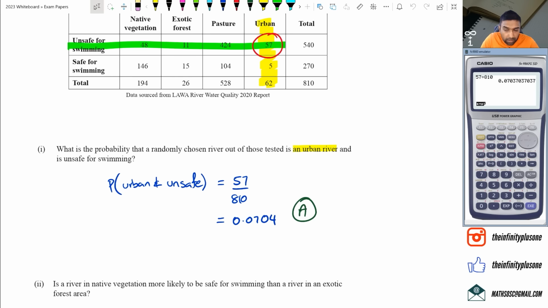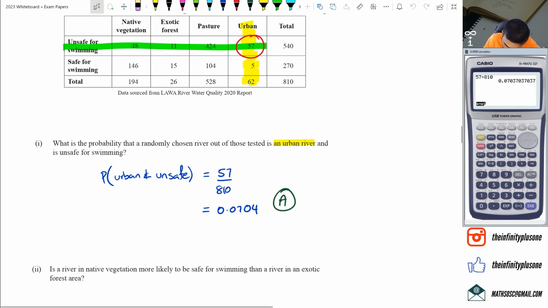Next part of the question. Part 2 of the question is asking, is a river in native vegetation more likely to be safe for swimming than a river in an exotic forest area? So we've got native vegetation and safe for swimming. I'm just going to try and work this through.